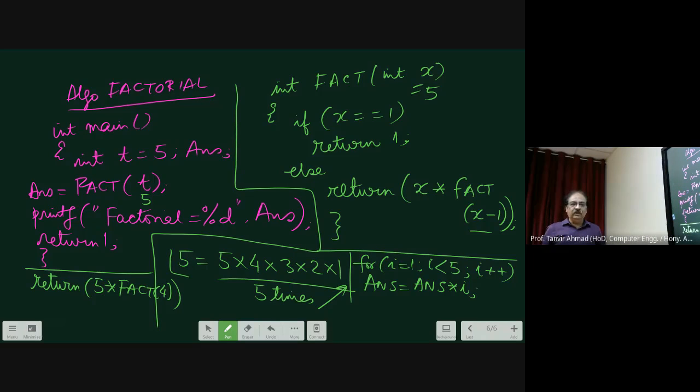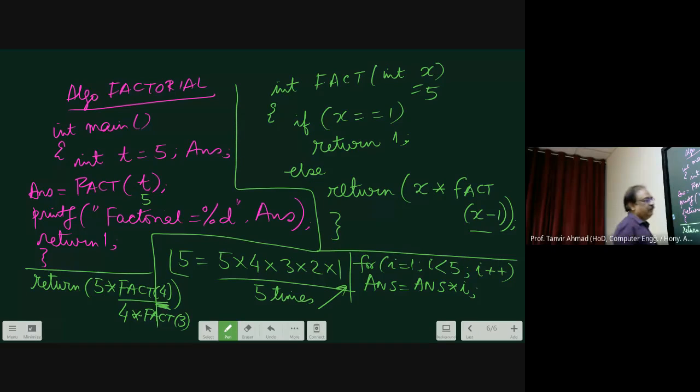But it will not return, because before returning there is again a call to fact. Once it finds the value 4, it again calls the function inside. In that case, x will get the value 4, and will again check if x equal to 1 is false. Now this will translate to 4 into fact of 3.